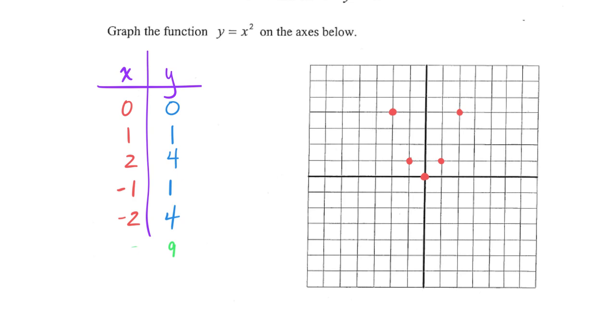I'm going to do one more substitution, and it's a value you would not have picked, and that's fine. I wouldn't have picked it either. But if I make a substitution of 1/2, then I'm going to calculate 1/2 squared. That's going to give me a value of 1/4.